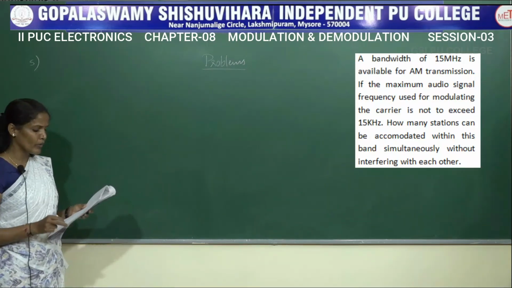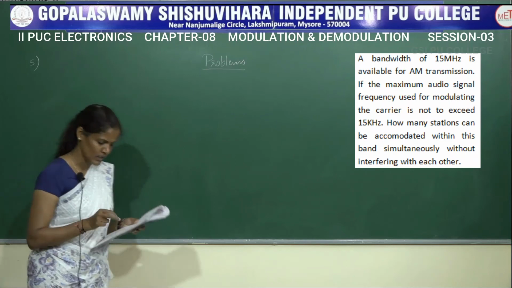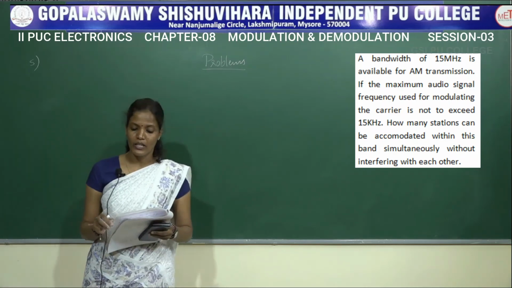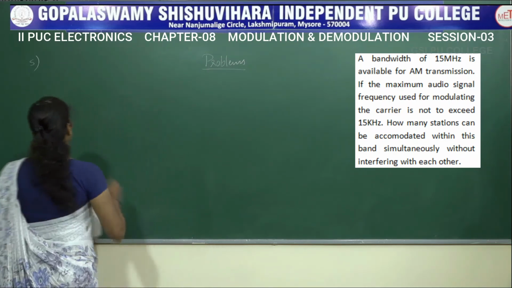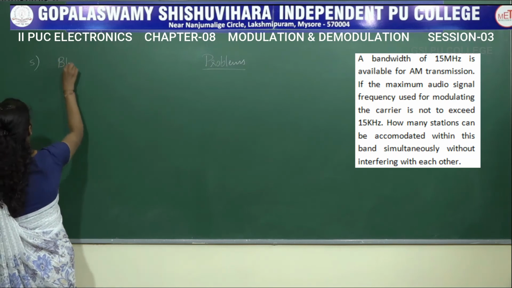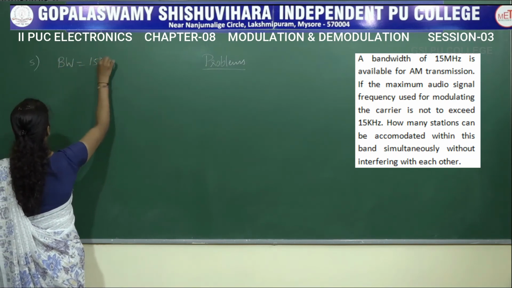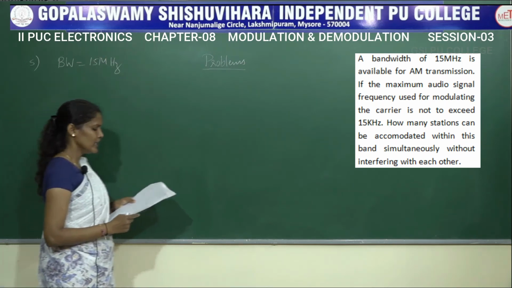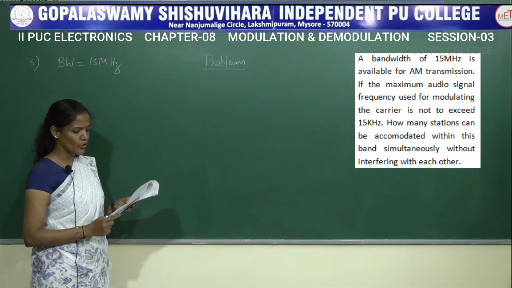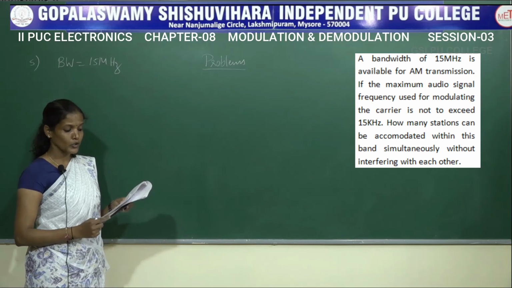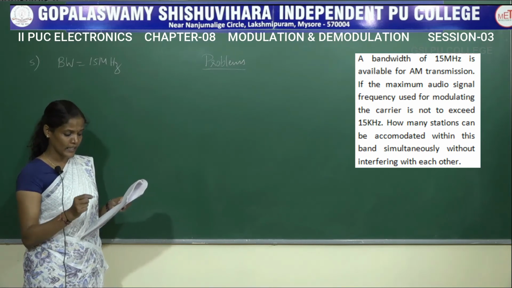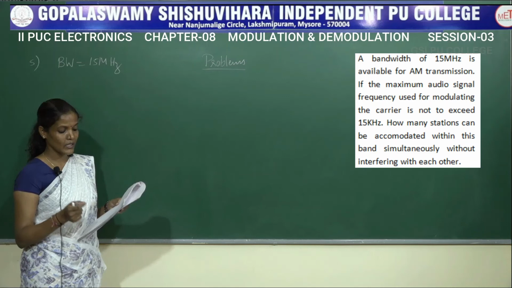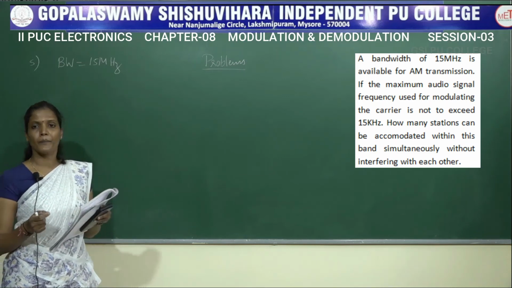A bandwidth of 15 megahertz is available for AM transmission. If the maximum audio signal frequency used for modulating the carrier is not to exceed 15 kilohertz.